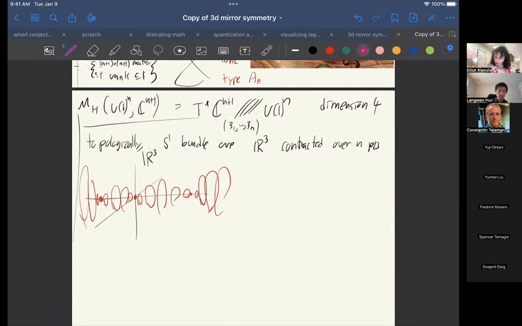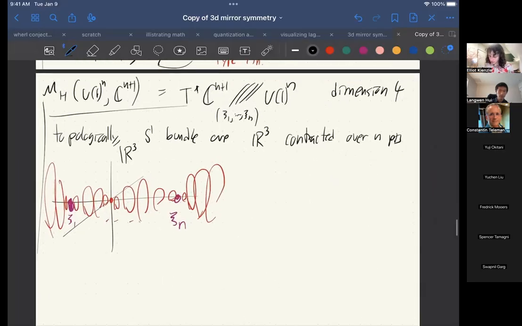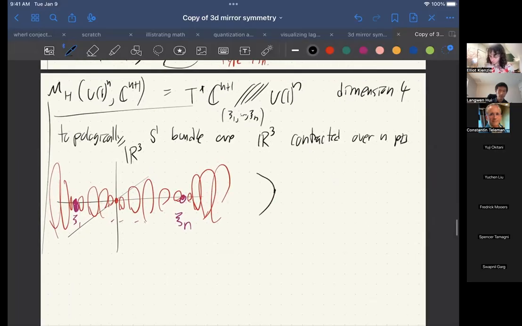In particular, these points will be placed at the stability parameters that I defined earlier. Now, a better picture for this is to think of this as a chain of copies of P1 that are sort of lashed together at these points.